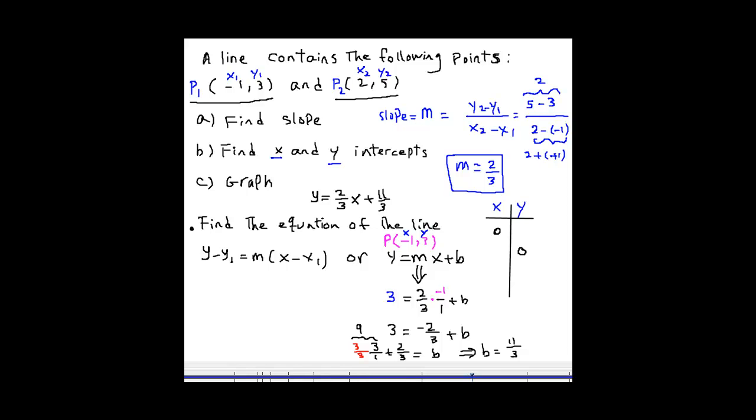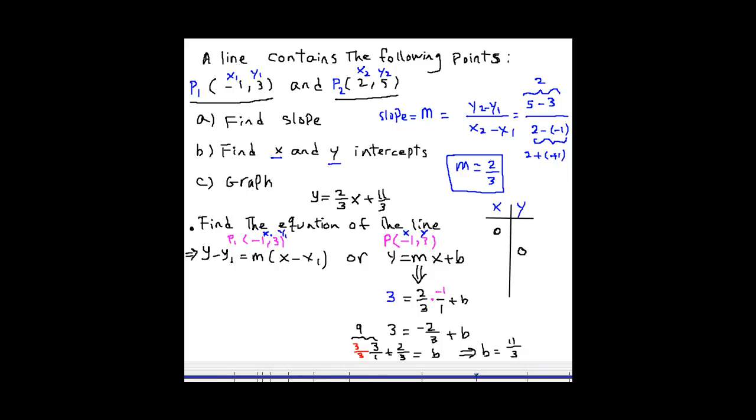Whereas if you use this formula here, then you have to treat any of those 2 points as point 1. Let's use the same point here. Now this time this would be x1 and this would be y1, and that's what you have to substitute here.